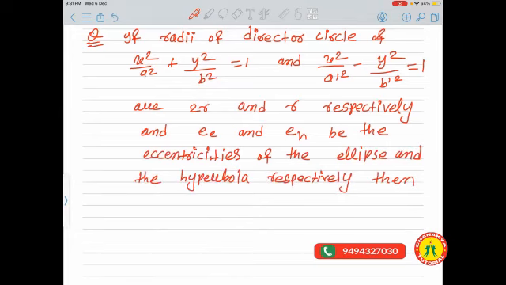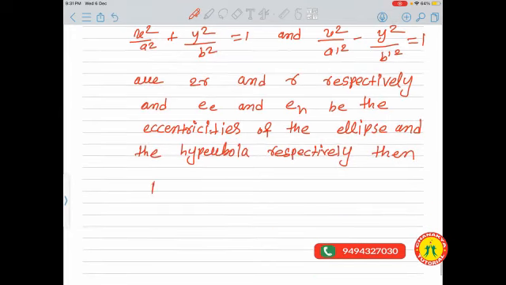Then what is asked is 4 into e square, where e is the eccentricity of the ellipse, minus the eccentricity of the hyperbola square, is equal to what?